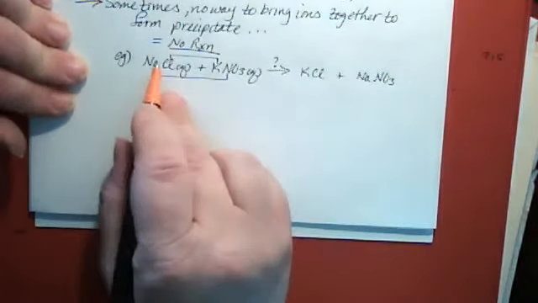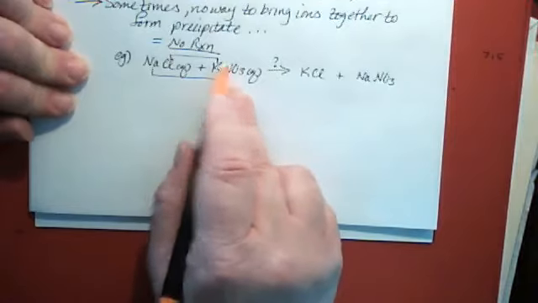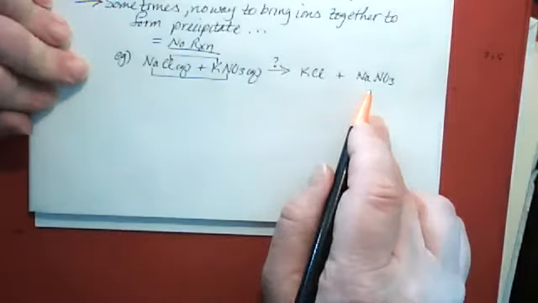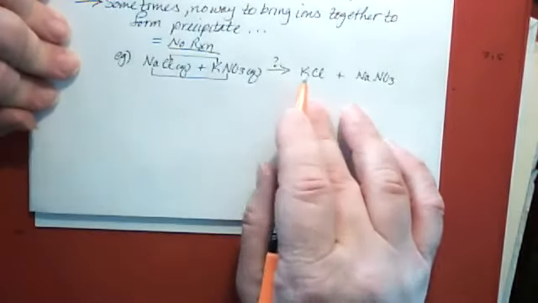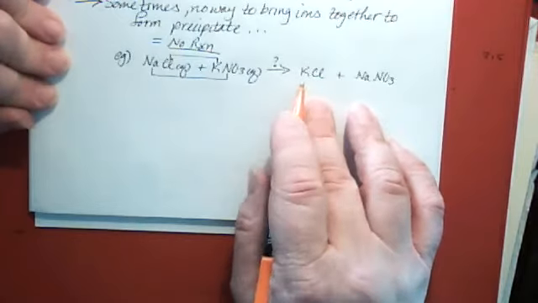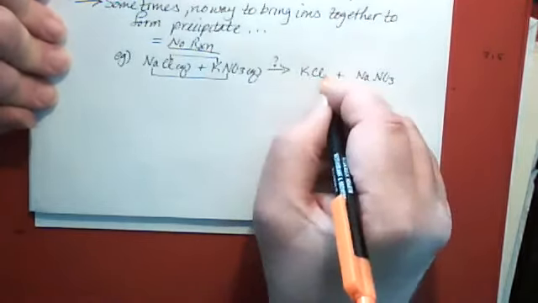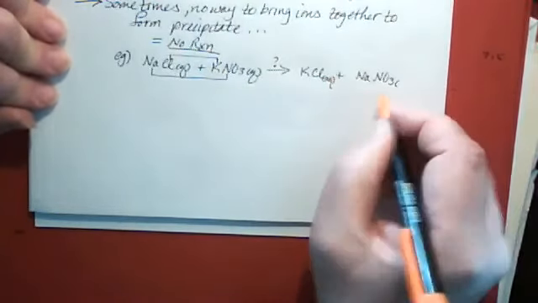Everything here is 1-to-1. Sodium is +1, chloride is -1, potassium is +1, nitrate ion is -1. So we don't have to worry about balancing it. It's already balanced. And the products, well, if you look them up, all potassium compounds are soluble, so KCl will be aqueous.